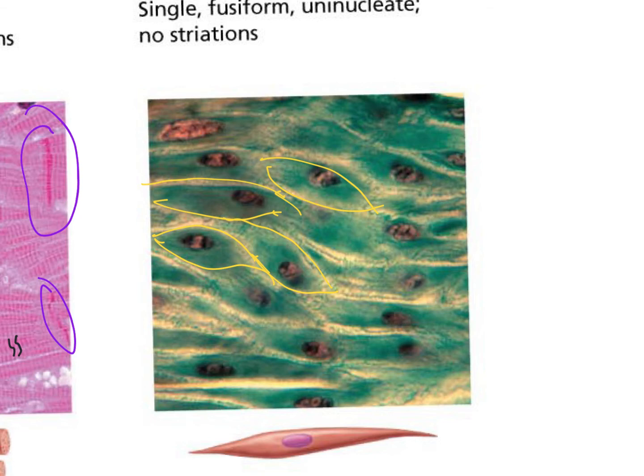Okay? Questions on the three types of muscle tissue? Cardiac, smooth, and skeletal. And like I said, we're going to be concerned with skeletal muscle tissue in this class for this particular chapter.